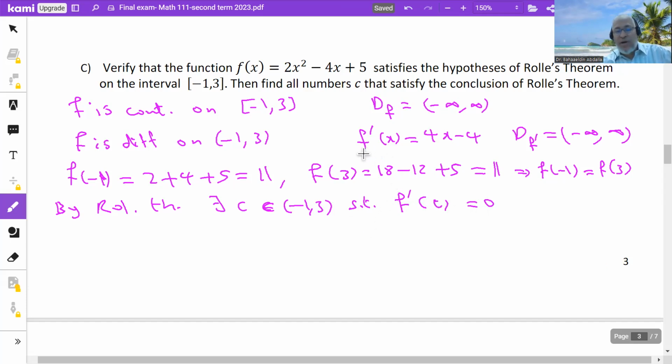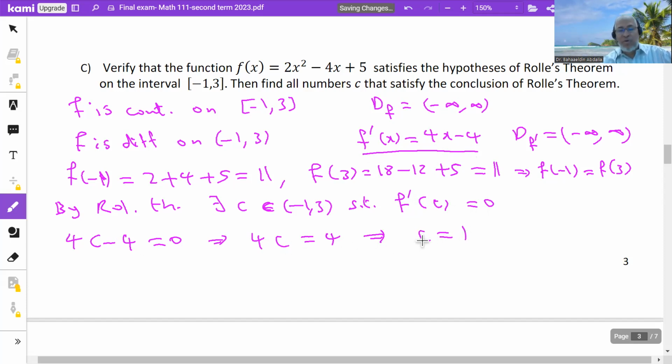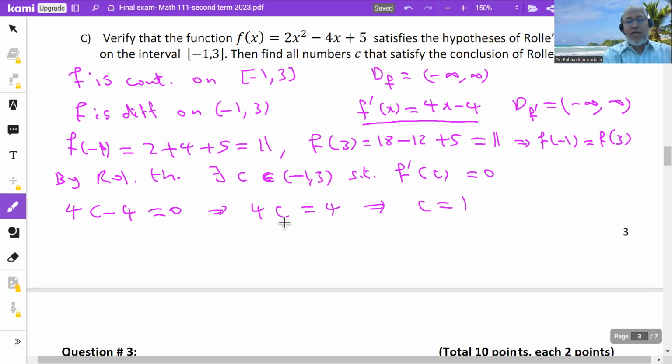Well, this is f prime of x. So f prime of c would be 4c minus 4. We replace x by c. This should be equal to 0. So 4c would be equal to 4 if you take 4 to the other side. And then dividing by 4, c would be 1. And you can see that 1 is really in the interval from -1 to 3.